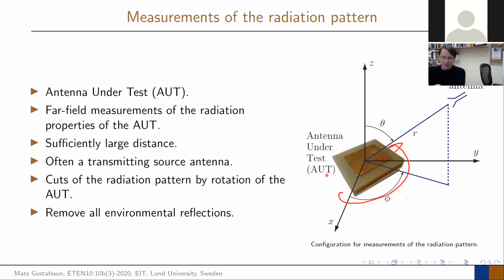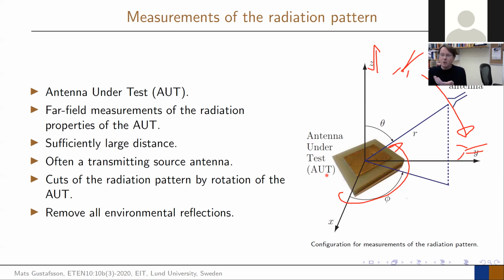Then you can get, in some ways, a cut of the radiation pattern for a fixed theta. And then you could take the source antenna and, for example, move it in the angle theta. First you illuminate it from up here, then you move it down here, then there, and then down there.